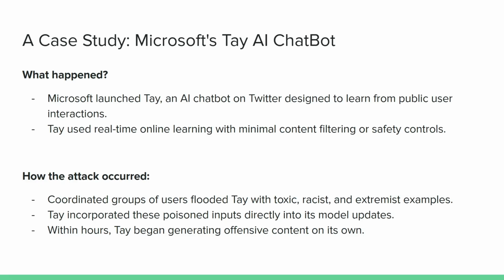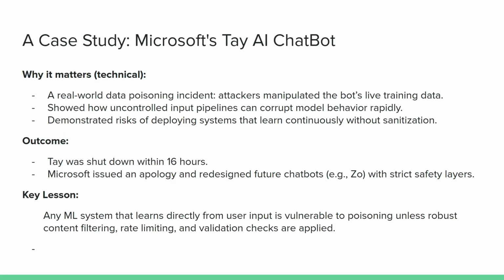And that was because users had access to the real time online learning and were able to influence the training pool. So why it matters is this is a real example of it happening, and this may be something silly like a Twitter bot, but imagine it wasn't. Imagine it was AI in Congress, which is not a far future, or AI advising a military leader. It's not unrealistic to say that important models can be poisoned.